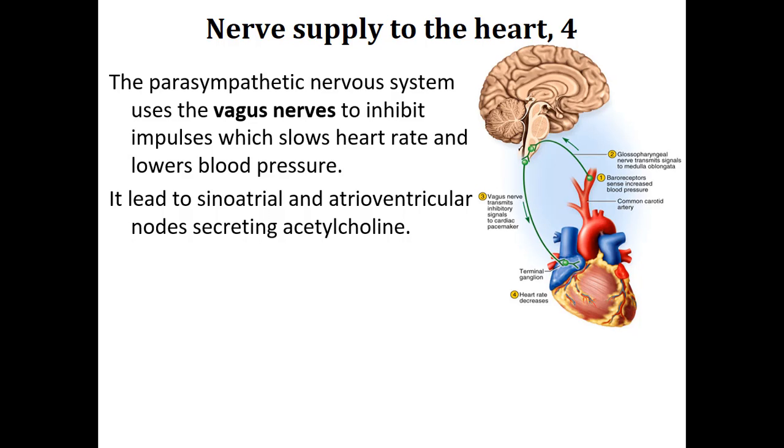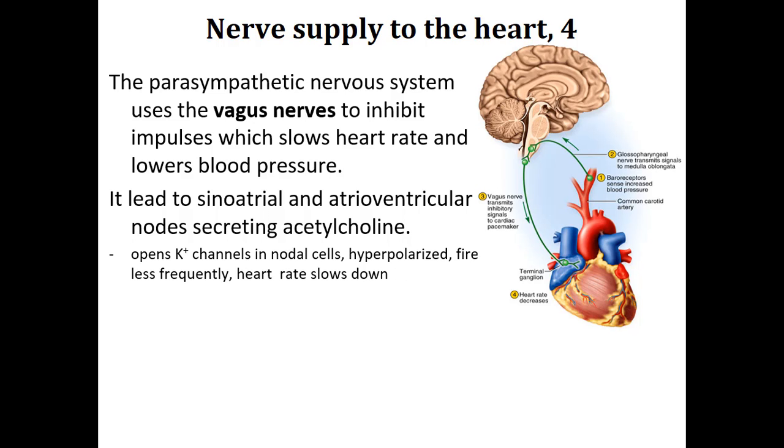It also releases acetylcholine, which is going to be inhibitory. Why is it inhibitory? Because it opens up these potassium channels, which instead of making it positive, it makes it negative. It hyperpolarizes the nerve. Anytime you add sodium, that's going to make it go up.